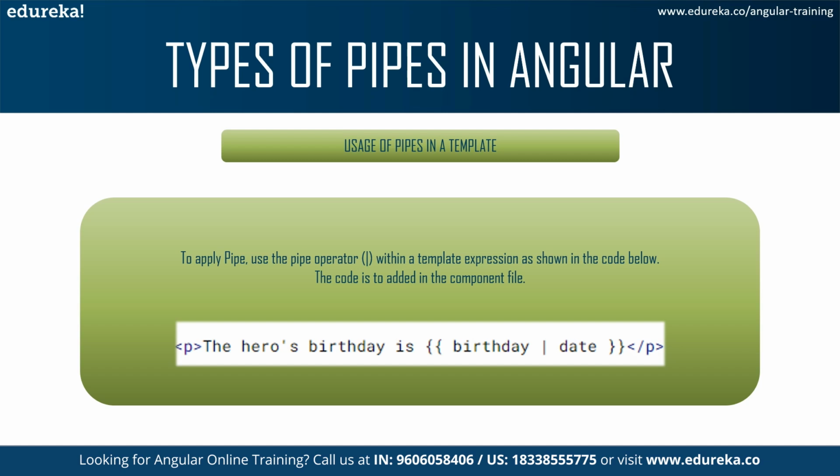Within your double curly braces comes your data as well as your pipe. Your data comes towards your left-hand side, with the pipe operator separating the data and the pipe. The pipe here is date. Just like date, there are many more pipes which we'll look into in our built-in types. It's extremely simple to use pipes in our templates.